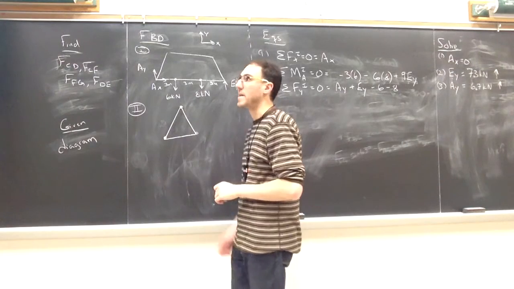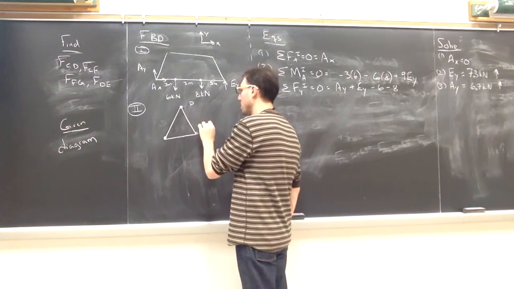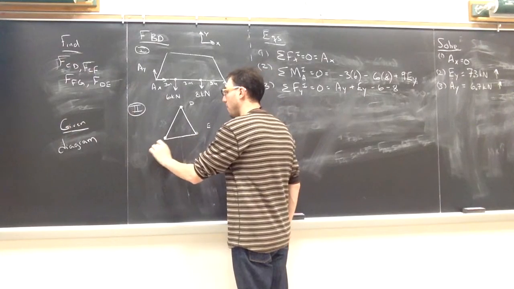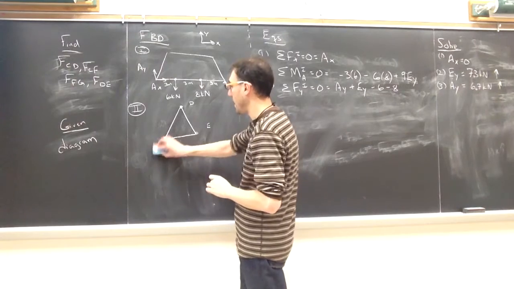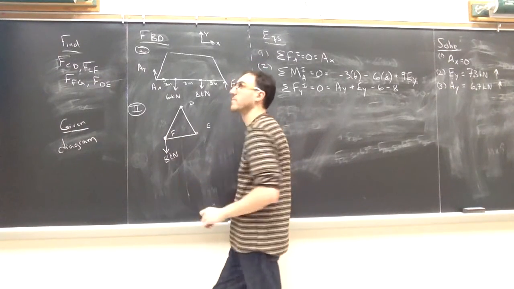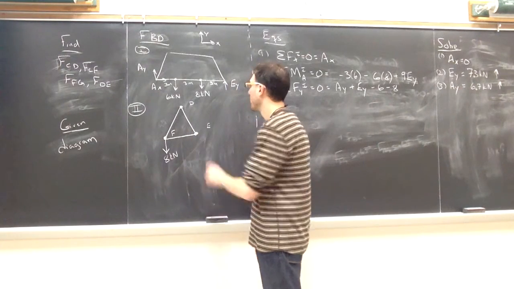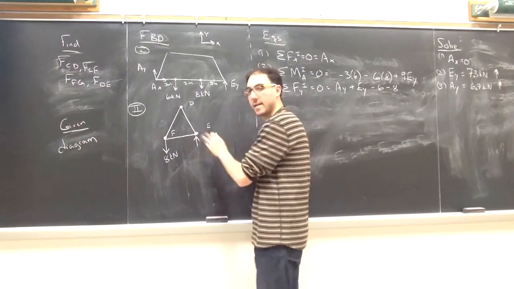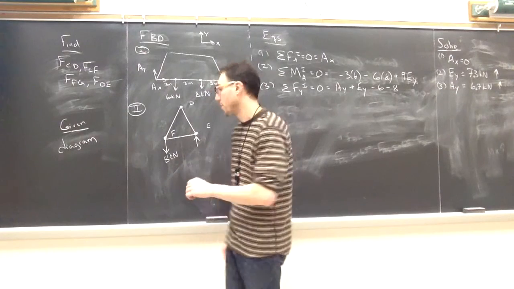And I also copy any of the forces that affect those joints that are still intact here. So at point F, I will be including that applied force of 8 kilonewtons down. And at point E, I have the rocker with a value of EY, and in this case, I will put the actual number for this picture. That was 7.3.